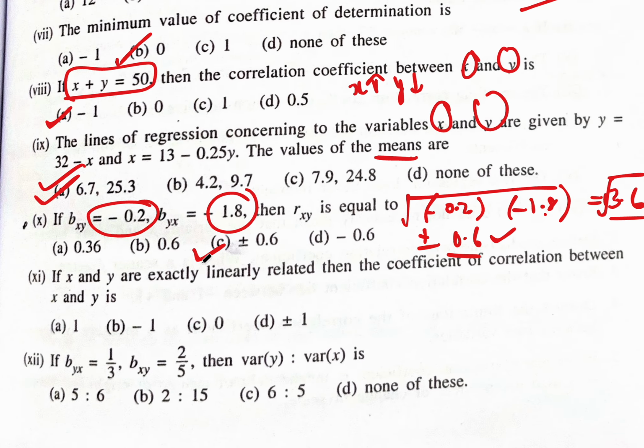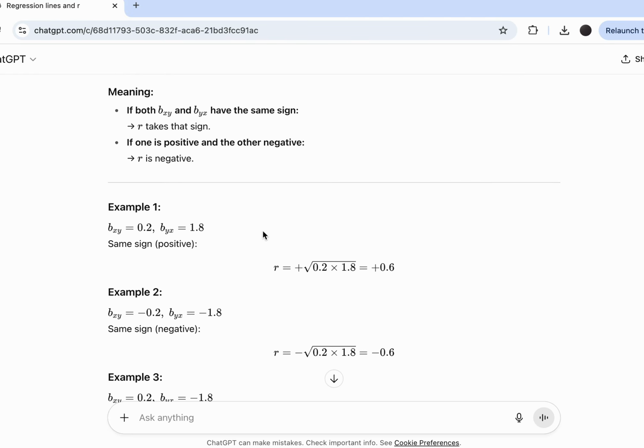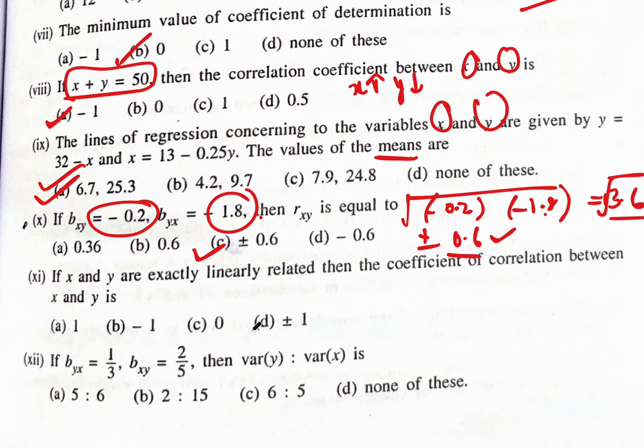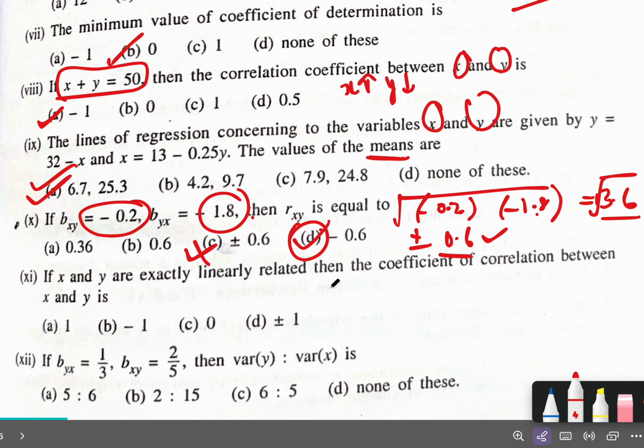Yeah. So if both are negative, it will take a negative sign. If both are positive, it will take a positive sign. If one is positive, one is negative, then negative sign. Makes sense. Alright, so this is D. Yeah, very important rule. Just discovered it.